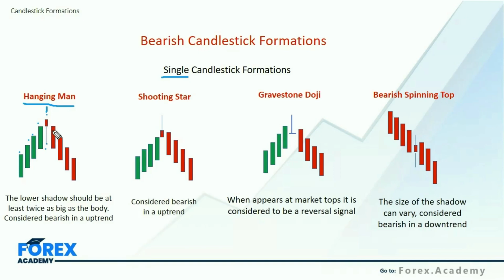And if we get continuation the following day, then what we're likely to see is a nice move lower. So the lower shadow should be at least twice as big as the body, and that's an important aspect of this market. So the body of a hanging man would need to be at least 1/3 of the overall range of this market.